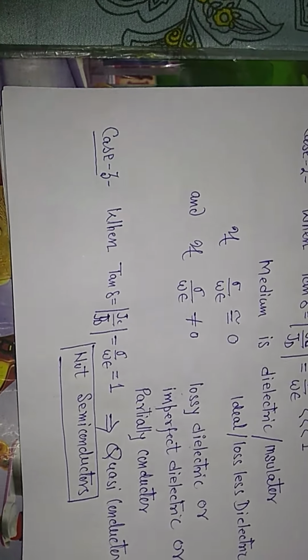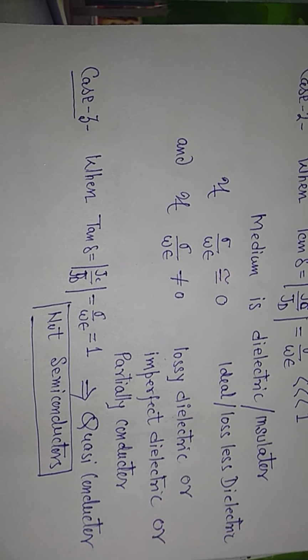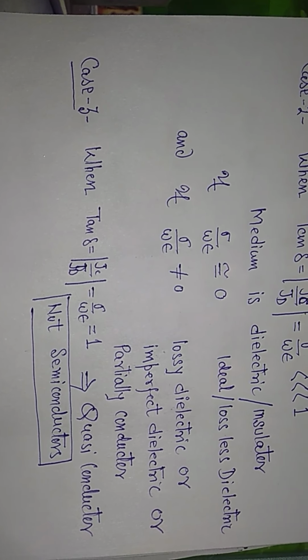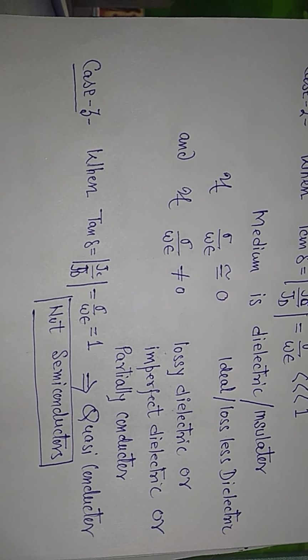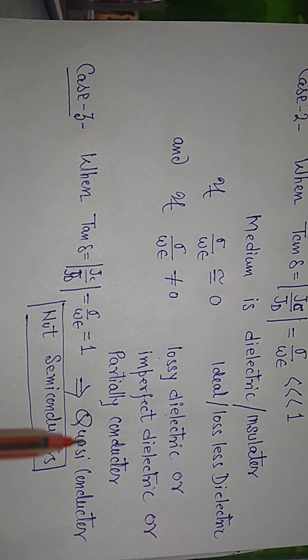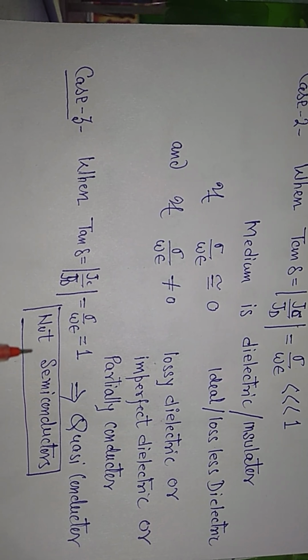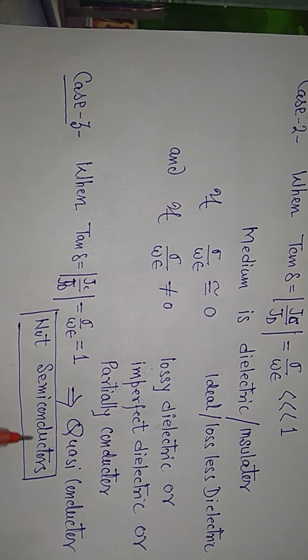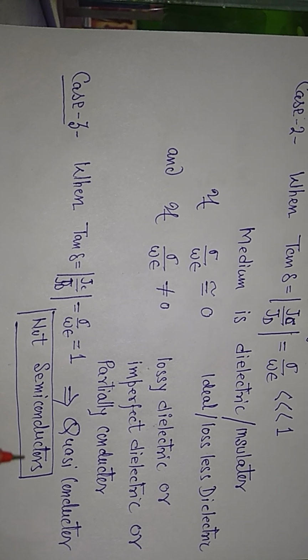Now let's see the last case, when tan delta is equal to 1. In this situation, the medium is known as a quasi-conductor, and these mediums are totally different from semiconductors. Such classification you must learn in the conductivity chapter.